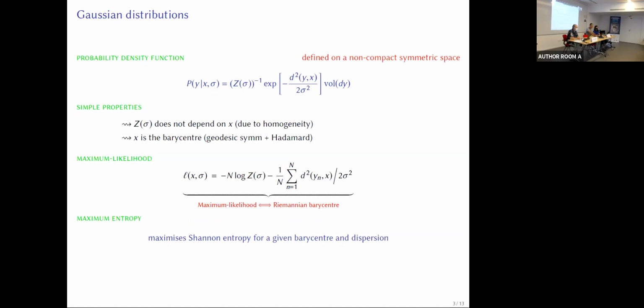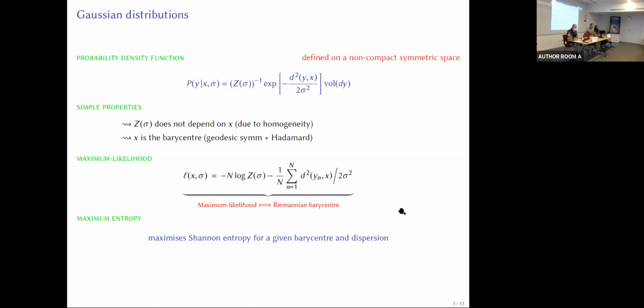I'm going to look at a certain kind of probability distribution called the Gaussian distribution defined on a non-compact symmetric space. And it's given basically by its probability density, which has a usual Gaussian dependence on squared Riemannian distance rather than Euclidean distance. So these have simple properties which lead to the fact that maximum likelihood inference has a simple and very interesting property.